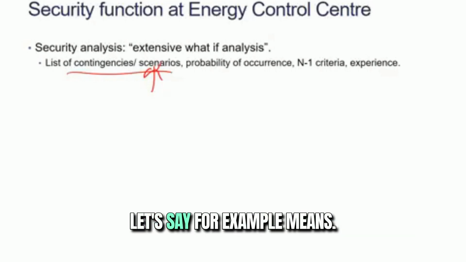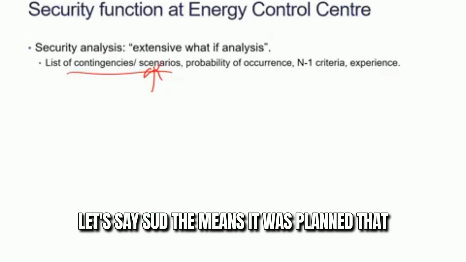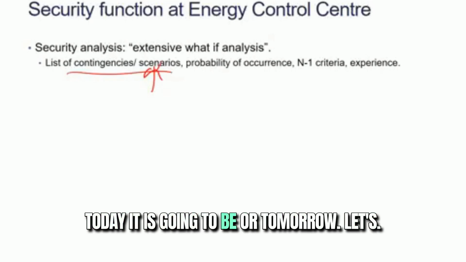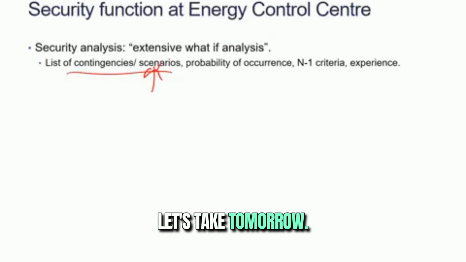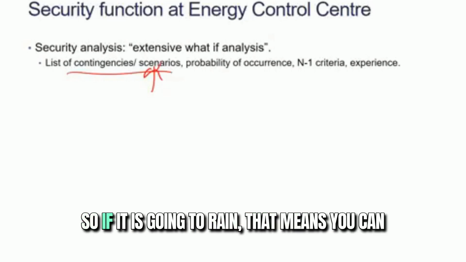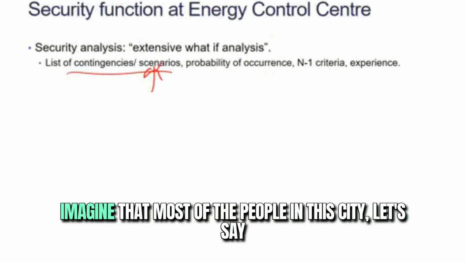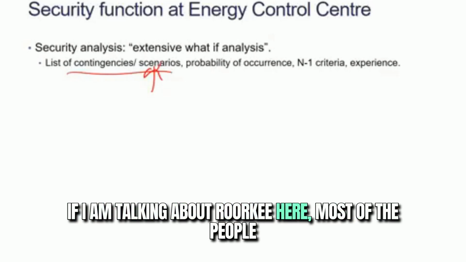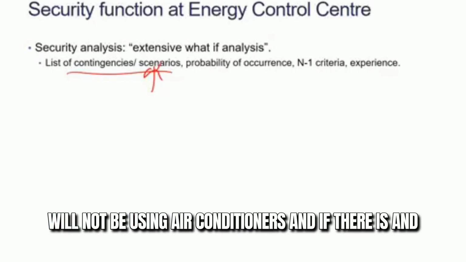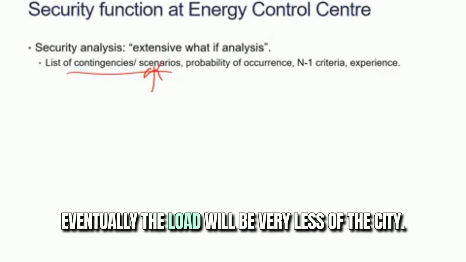Load change means, let's say for example, it was planned that tomorrow it is going to rain a bit. If it is going to rain, you can imagine that most of the people in this city, let's say if I'm talking about Roorkee, will not be using air conditioners, and eventually the load of the city will be very less.